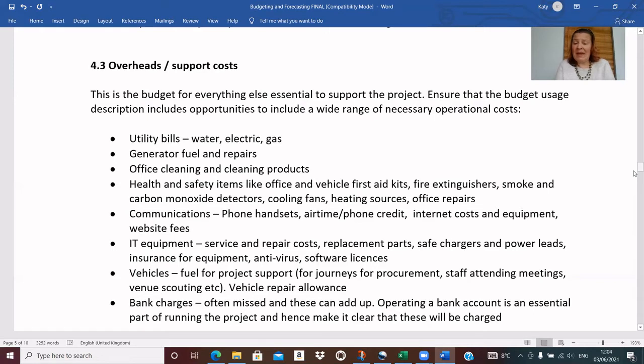On vehicles, you may need an allowance for project support, as well as the fuel that's gone into activities. And bank charges, these are often missed and end up being paid out of unrestricted reserves, but a bank account is an essential part of running the project, and bank charges can add up. And so make sure that it's clear in your overheads assumptions that these are a cost that you are likely to charge.